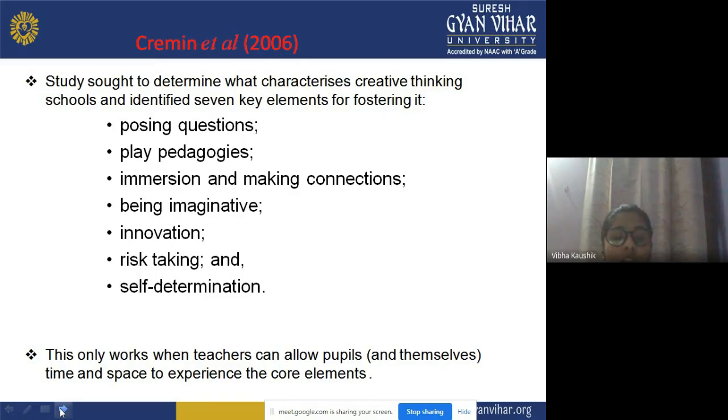Innovation, a new idea should be developed. Risk taking: when we are talking about a creative child, he has the ability to take risks. Now, why does he have the ability to take risks? Because then only will he be able to use different approaches to solve a problem. He will come to a solution only after thinking in different ways. He will not use the traditional ways to get the solution to the problem. If you do not have the ability to take risks, then what will you use?